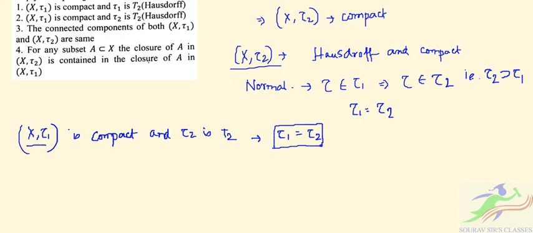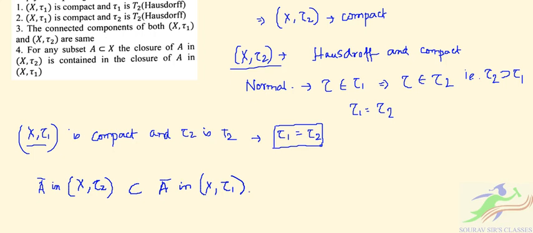So for any subset, we can write A complement in (X, tau 2) is a strict subset of A complement in (X, tau 1), right?